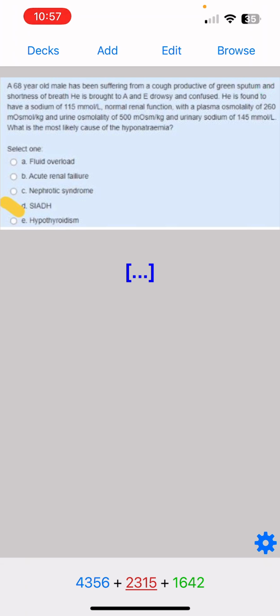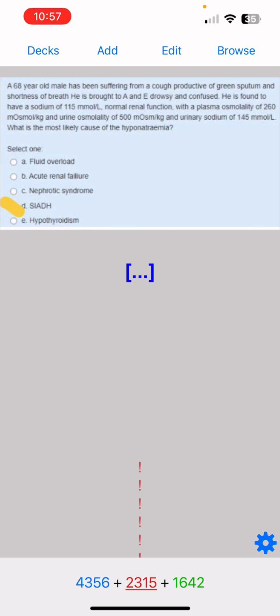A 68-year-old man has been suffering from cough, productive green sputum, and shortness of breath. Is there pneumonia? Let's shoot the last line. What's the most likely cause of the hyponatremia? Okay, fluid overload. Okay, he has a cough productive of green sputum, shortness of breath. When he was at A&E, he was drowsy and confused.